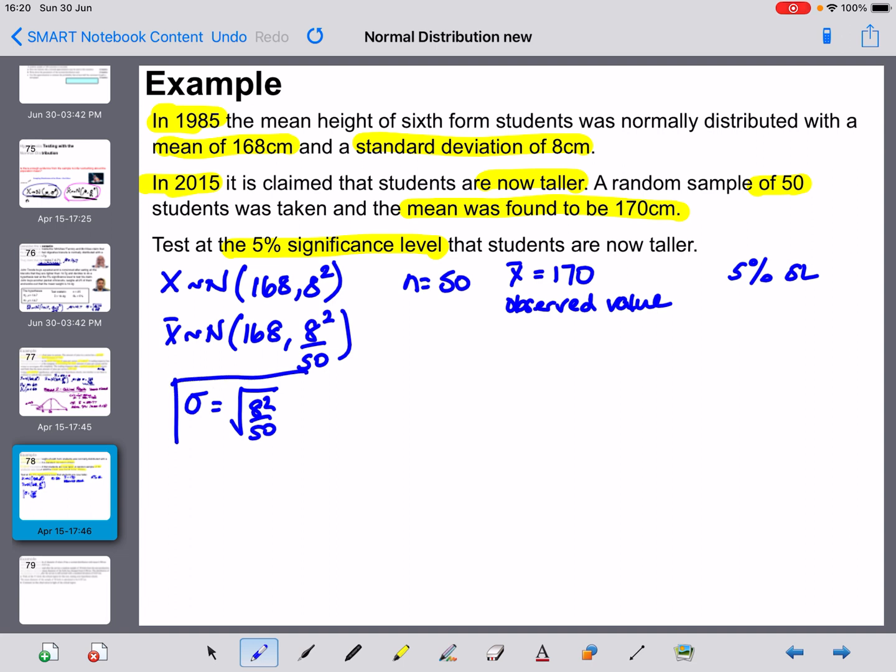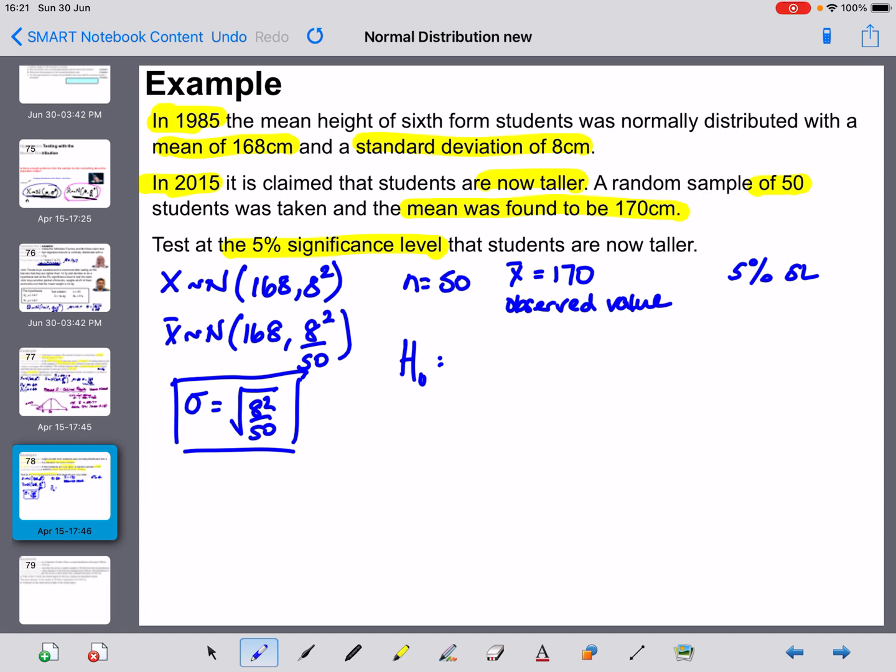Okay, and I'm not simplifying that. You can do if you want, but I just tend to leave it like that and the calculator will sort it out, as long as I know to use the right one. Okay, so I'm going to use the p-value method. I'm going to use normal CD.